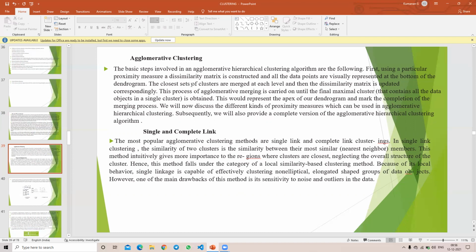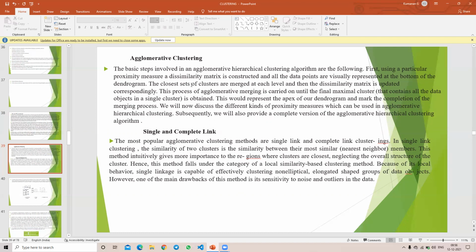Correspondingly, this process of agglomerative merging is carried on until the final maximal cluster, which contains all the data objects in a single cluster, is obtained. This represents the apex of our dendrogram and marks the completion of the merging process.